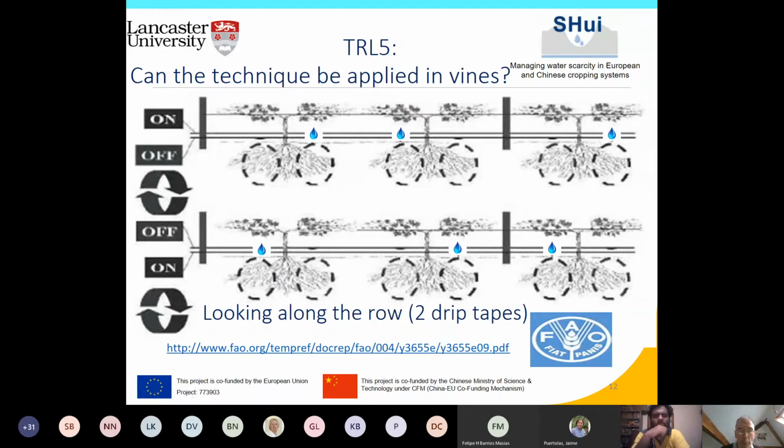After a period of time, the wetting and drying parts of the root system are alternated, and you can see that the dry side is then re-irrigated, and then the irrigated side is allowed to dry the soil. And the reason for this alternation was to ensure that these chemical signals continue to move from the root system up to the shoot to regulate the stomatal responses, but also control the vigor of the grapevine.